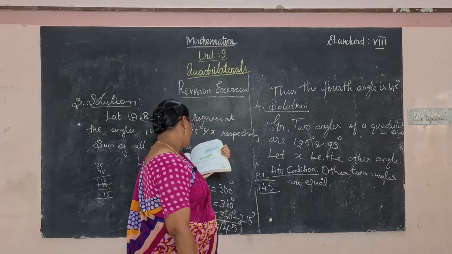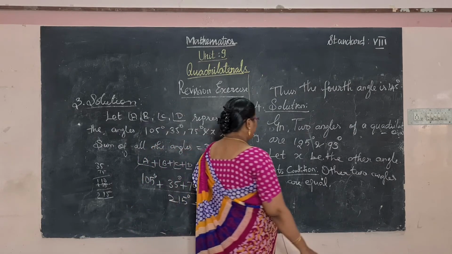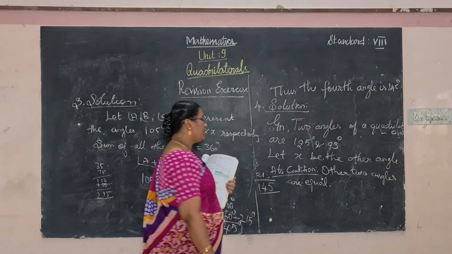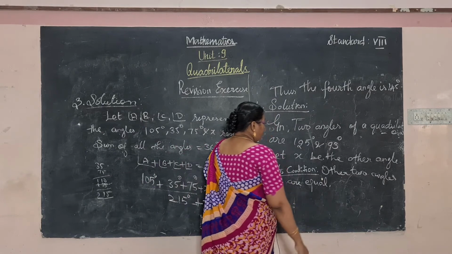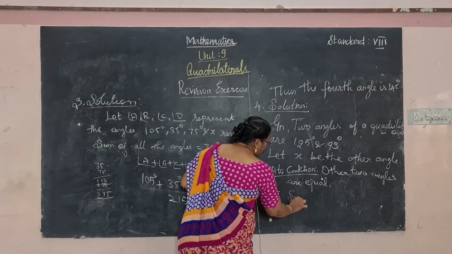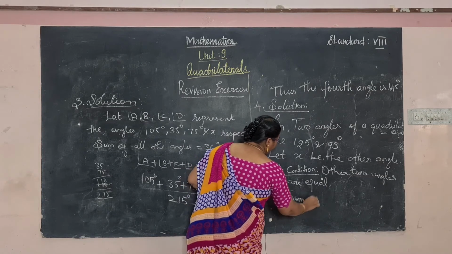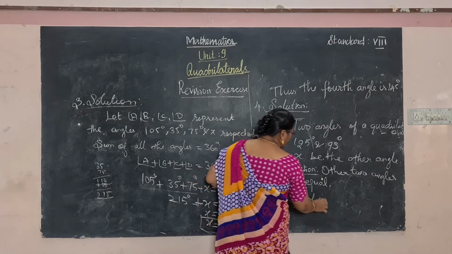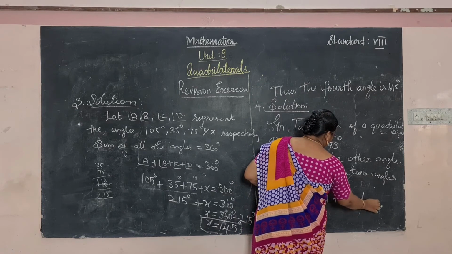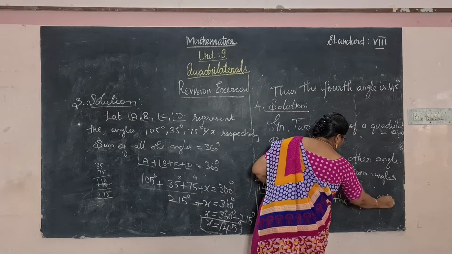What is the measure of each of these angles? So here also we have used the sum of all the angles is equal to 360 degree.